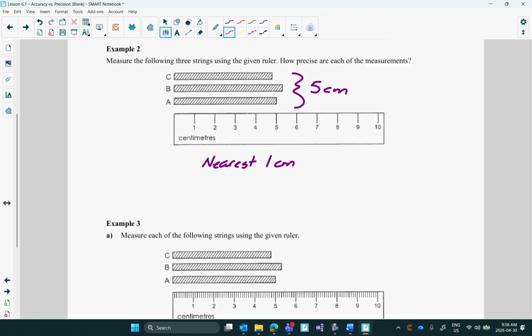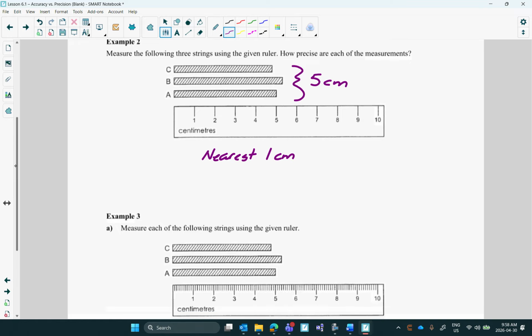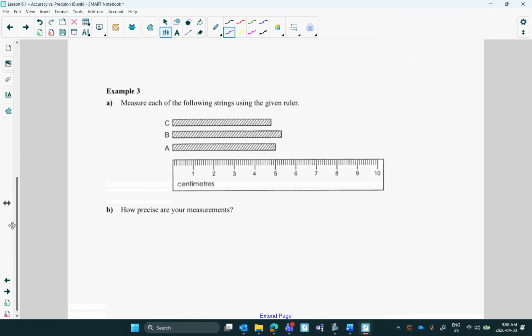We need to be a little bit more precise. So what if we took the same 3 pieces of string and used this ruler, which would be accurate to the nearest what? Nearest, yeah, we could either say 10th of a centimeter or millimeter.